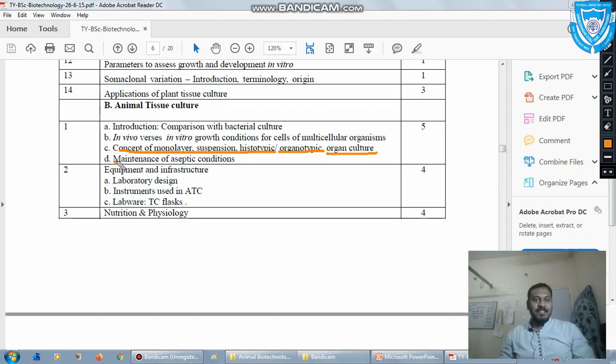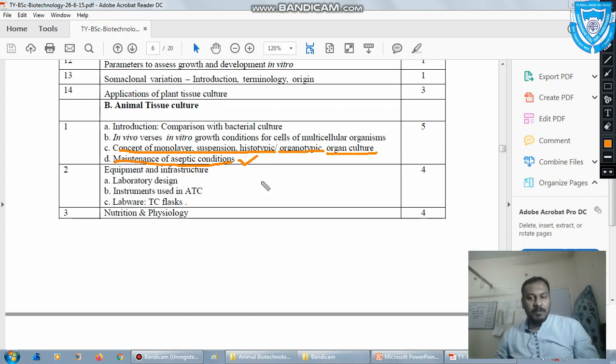The next one is the maintenance of aseptic condition. This is one of the very important topics in our whole animal tissue culture subject. If you see aseptic condition, there are different terms that we generally pronounce, like sterile condition, aseptic conditions, disinfectants, sterile agents.